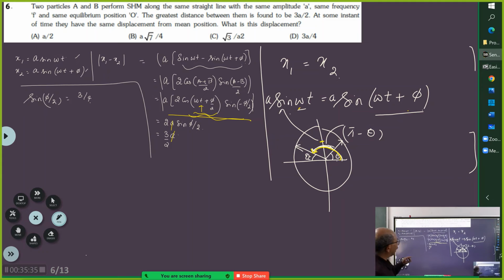Then they have told at some instant of time. When we wrote that equation, we had to use the modulus. That means we only considered the distance between them. But here it is displacement.